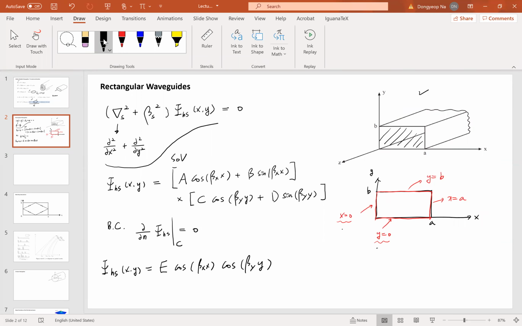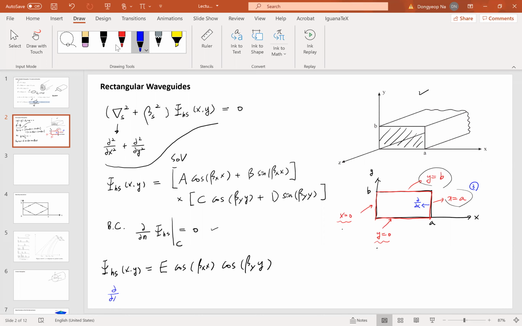And also, let's apply the boundary condition on this surface. First this surface. In this case the normal derivative should be the partial derivative with respect to x.